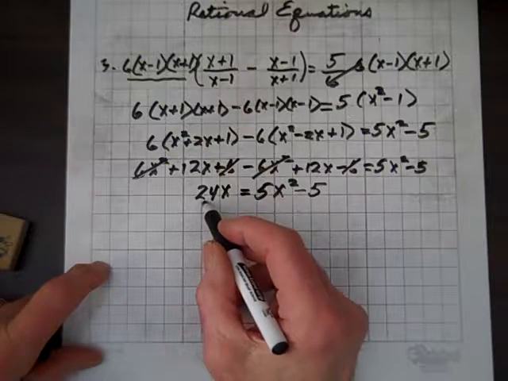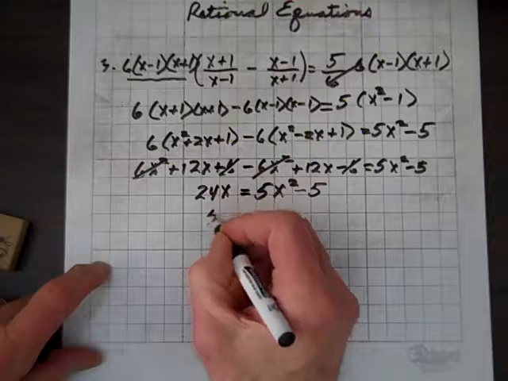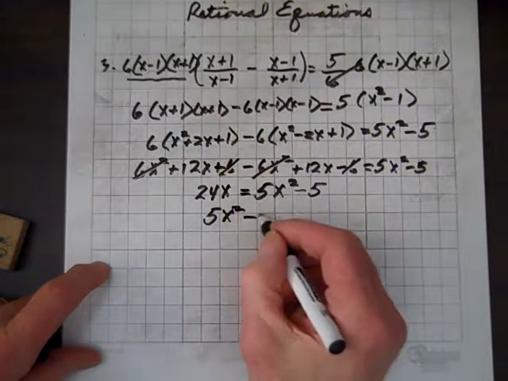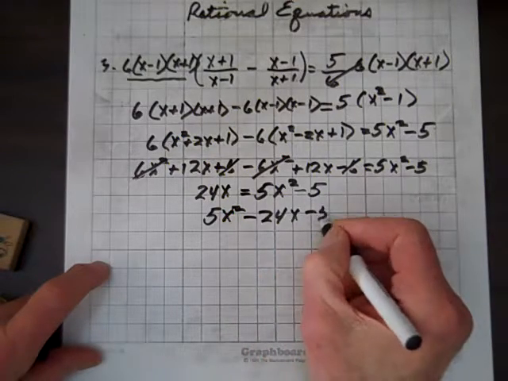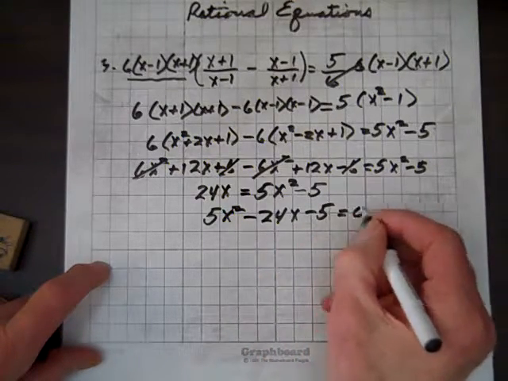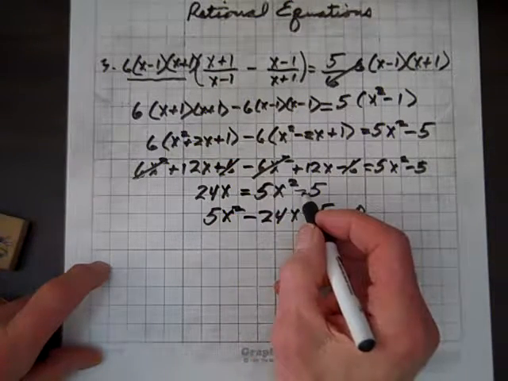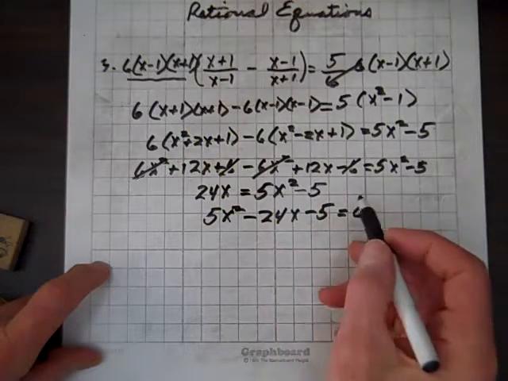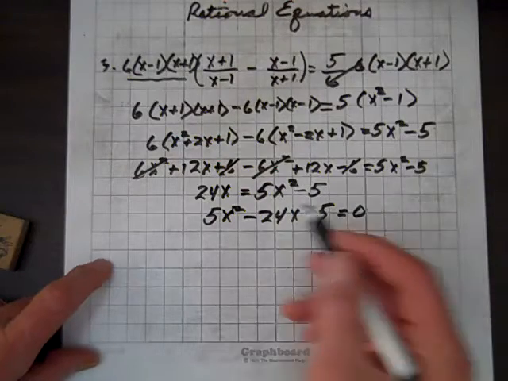So if we subtract 24x from both sides, we'll have 5x squared minus 24x minus 5 equals 0. What I did, instead of leaving the 0 on this side, I moved it over to this side.